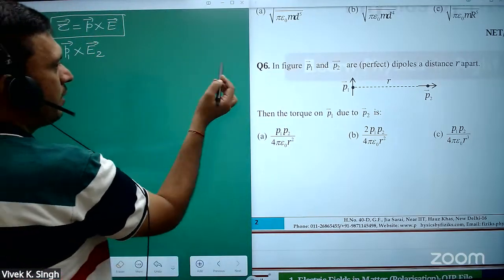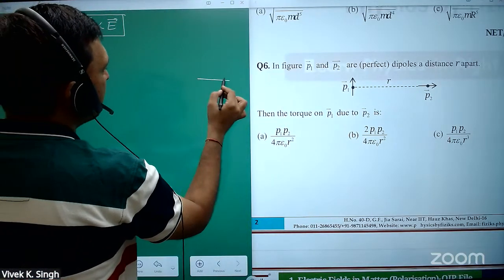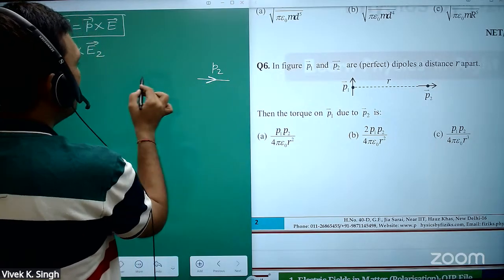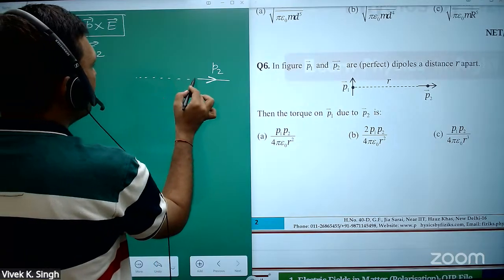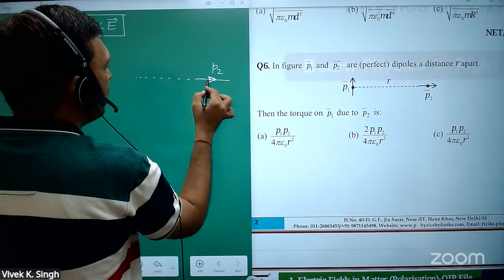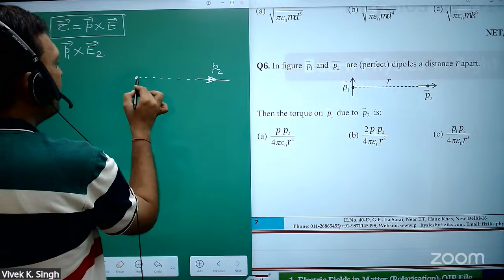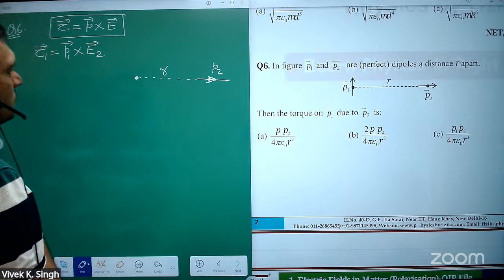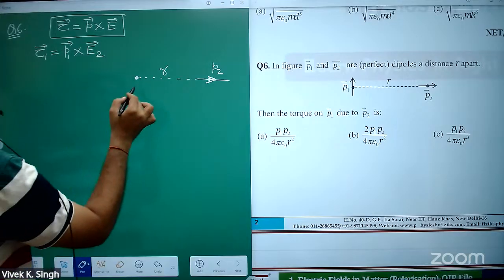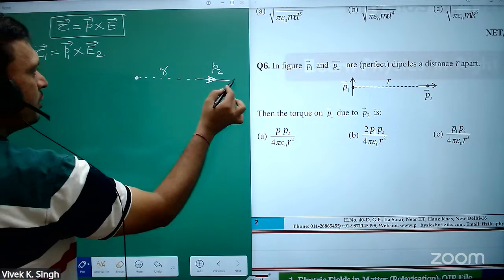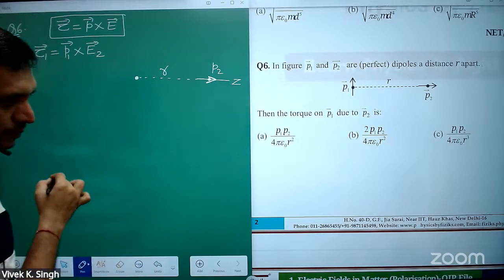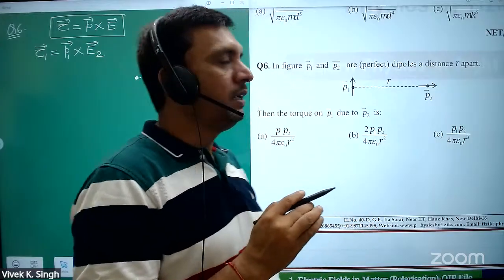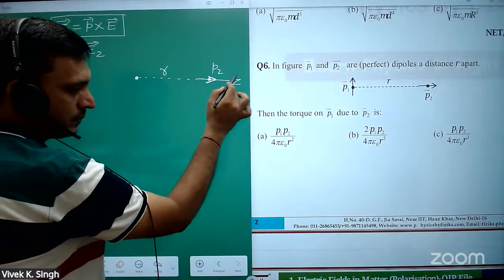So what will be the electric field in this symmetry? Let's see, if this is the direction of the dipole, this is P2, and this is the center of the dipole, and at this point, that is r distance away, what will be the electric field? We have to assume this to be the z direction, because when you are applying the formula using spherical symmetry, the dipole must be in the z direction.